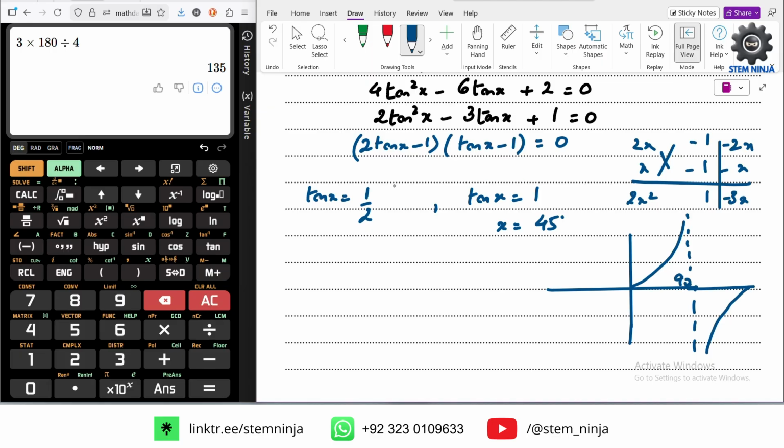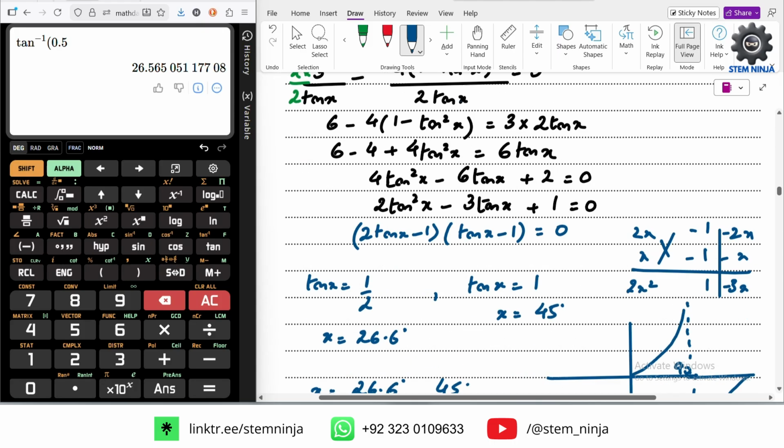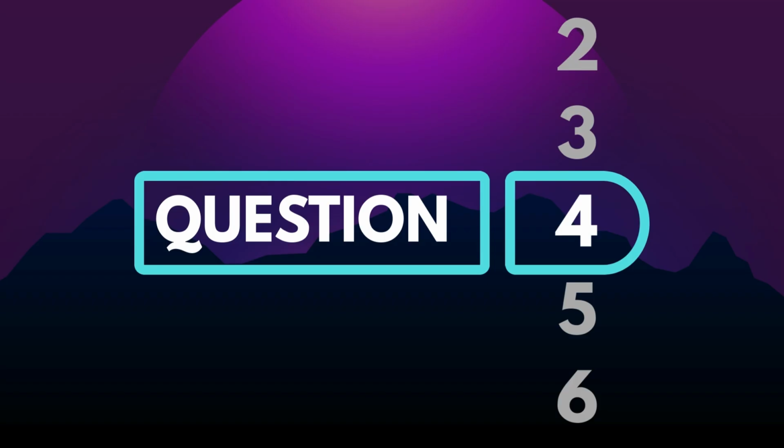So both values are positive, so that means both values are supposed to be less than 90 degrees. So tan inverse of 1 over 2 gives x as 26.6 degrees. So x is either 26.6 degrees or 45 degrees. Right. Let's move on to the next question.